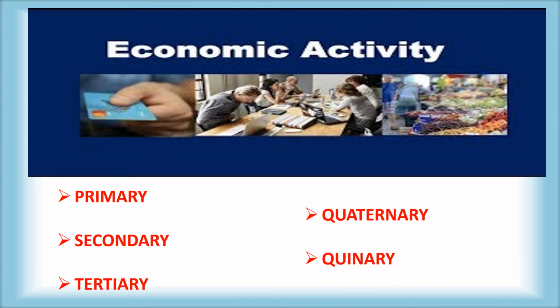The primary activities are the extraction of raw materials from the earth's surface, for example, food gathering, hunting, lumbering, fishing, and so on. The secondary activities transform raw materials into finished products, for example, the iron and steel industry, automobile manufacturing industry, and textile industry.